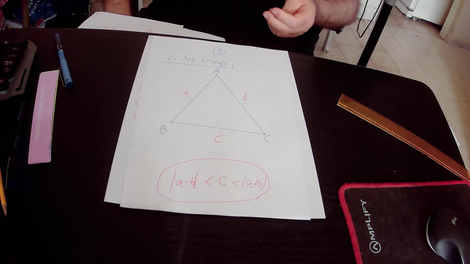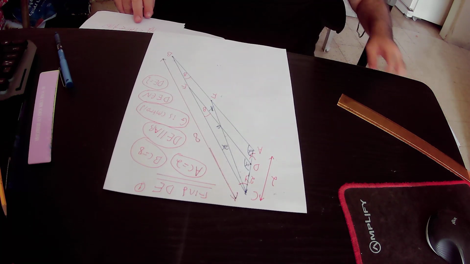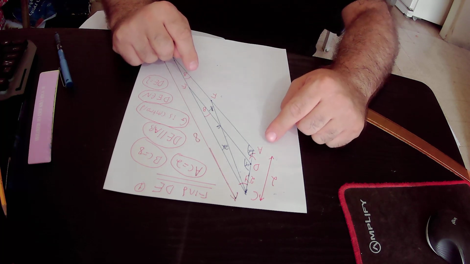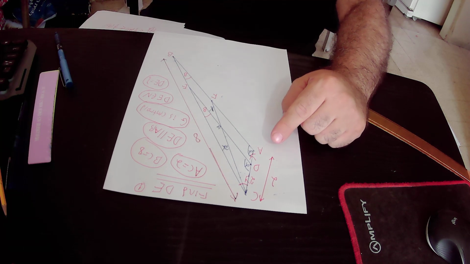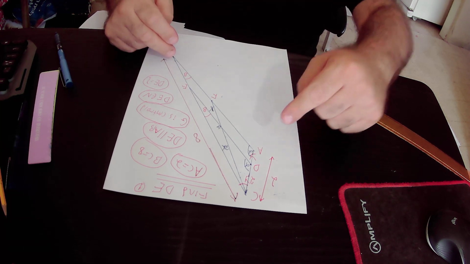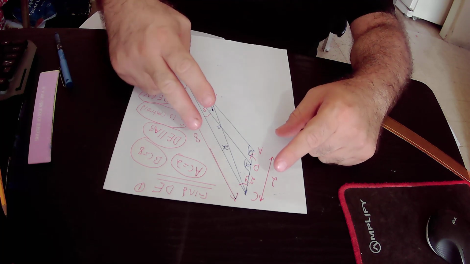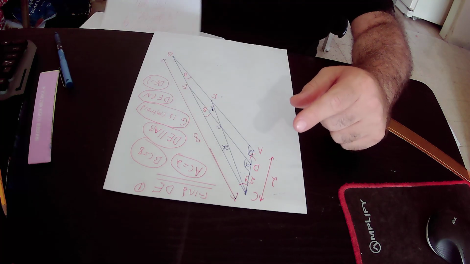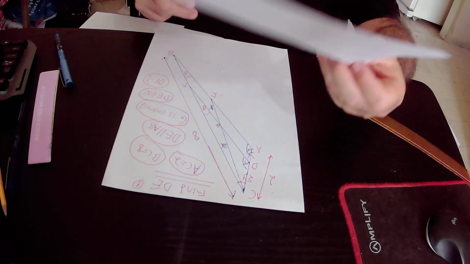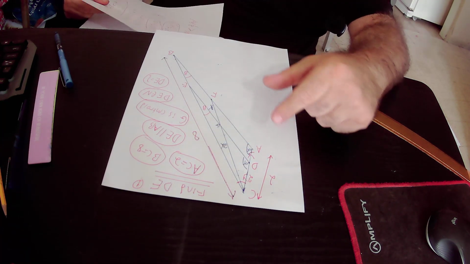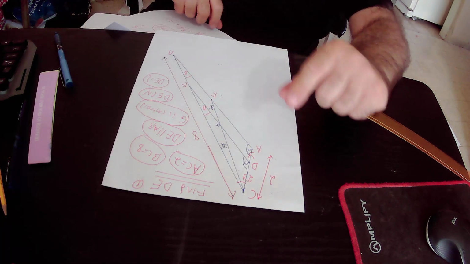And again, we can implement the rule in our triangle ABC. If we relate to AB, we can say that the size of AB will be smaller than the sum of AC plus BC, but AB will be greater than AC minus CB.